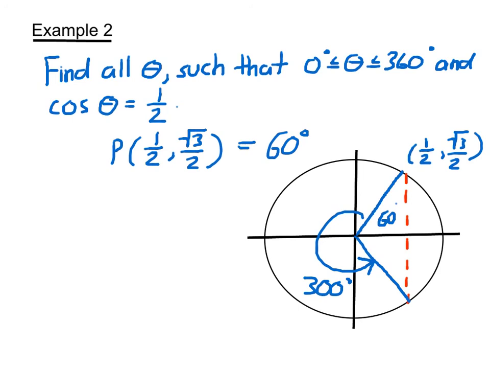Therefore, that's my second and only other answer to this problem, 300 degrees. So 60 and 300 degrees both have cosines of 1/2 because they're the only ones that have coordinates with a positive 1/2 x-coordinate. And just to be thorough, the y-coordinate for 300 degrees is negative square root 3 over 2.